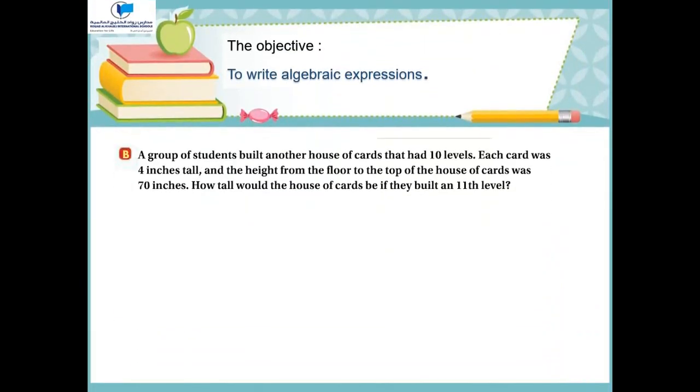Now, if a group of students built another house of cards that has 10 levels, each card was 4 inches, right? So each card, sorry, 4 inches. These are 10 levels.